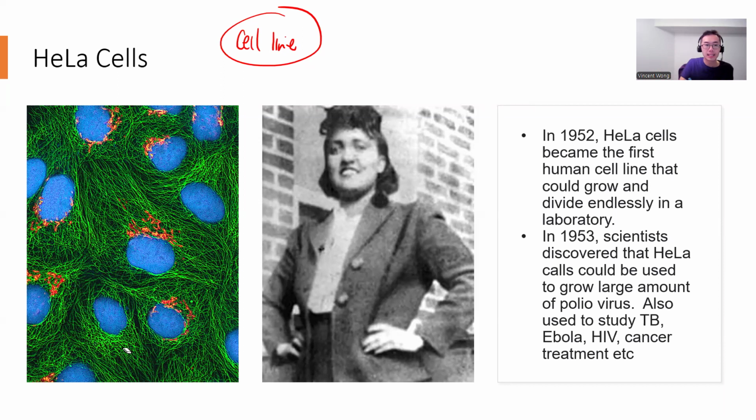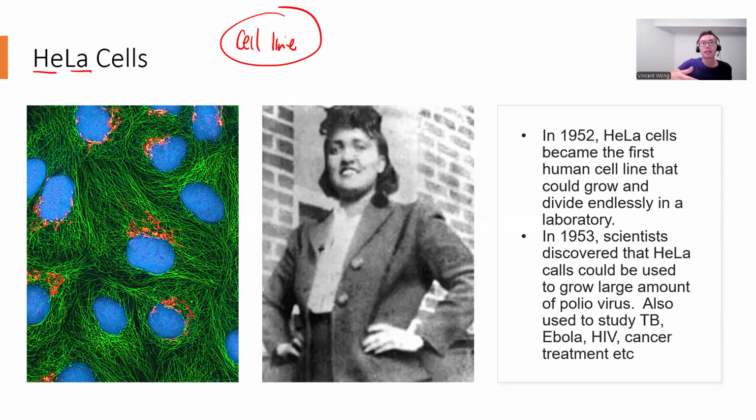And so that's what the HeLa cells look like. They're named after her, Henrietta Lacks. These HeLa cells are actually being used for early studies for many new medicines. A lot of the treatments for various diseases like TB, Ebola, HIV, and even cancer treatment all began testing using these HeLa cells as the first step.